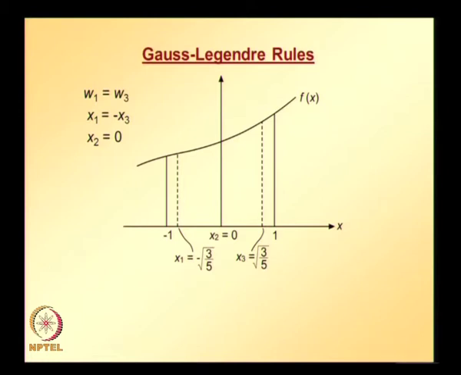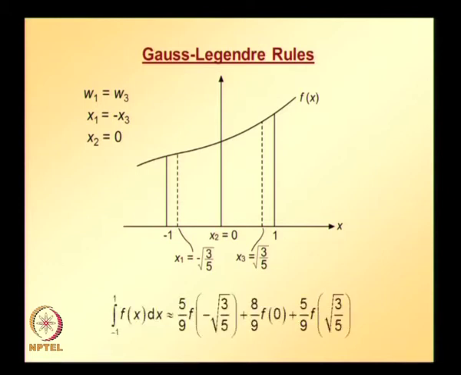So in the figure the locations of these integration points are shown. That is x1 is equal to minus root 3 over 5, x2 is equal to 0, x3 is equal to root 3 over 5.